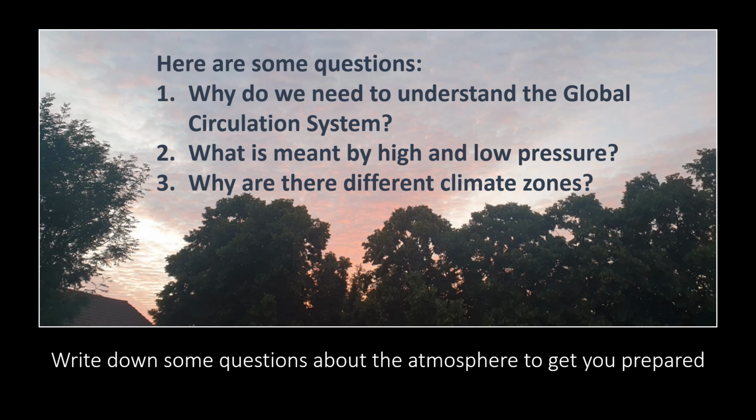Why are the clouds in different shapes? Is it raining? What's the condition of the atmosphere? There are so many questions that you could ask at this point. It's such a vast topic, but this is just to get you thinking about the atmosphere in more detail.